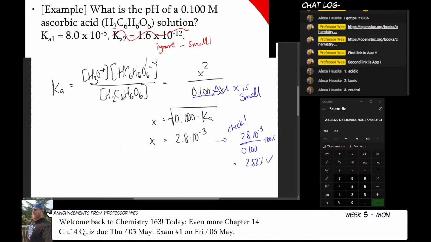So if H3O plus is x, then the pH of the solution would just be negative log of 2.8 times 10 to the minus 3.